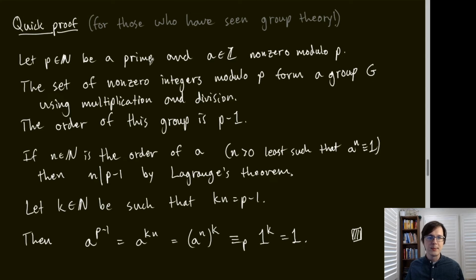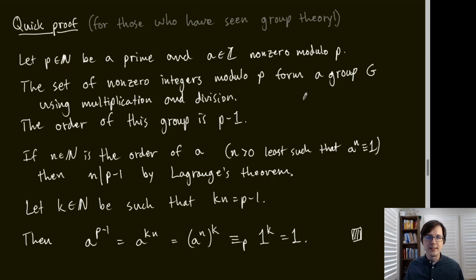Okay, so let's look at the proof. Let's say p is a prime and a is a non-zero number modulo p. Then the non-zero integers mod p form a group. Let's call it G, where we use multiplication and division of numbers mod p as the composition operation and the inverse operation for the group law.